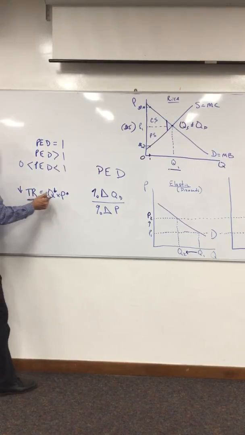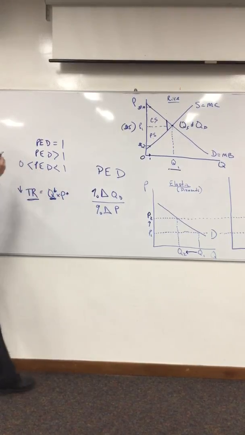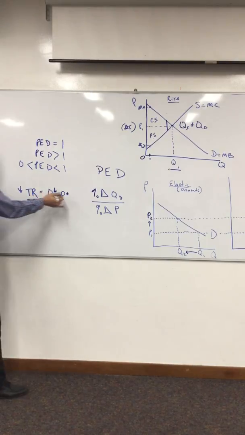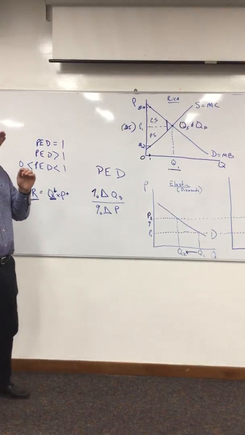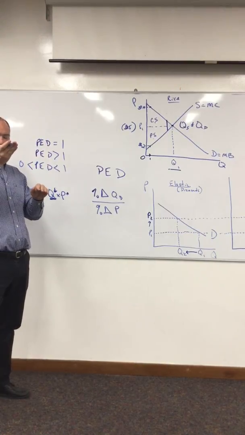And then we have a good that's relatively sensitive to price changes, or elastic. So when the price is going up and the total revenue is going down, you know you have an elastic good.